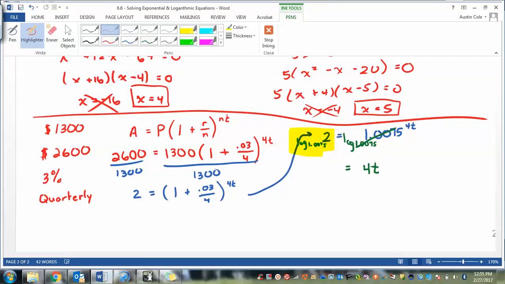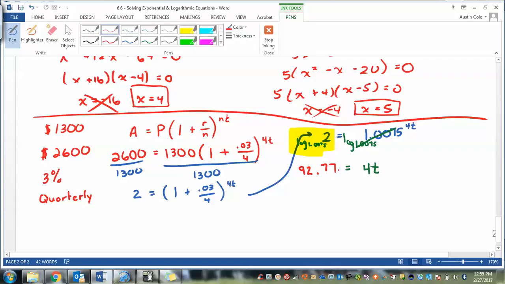So in our calculator, take the log of 2, enter, divided by log 1.0075, and I get 92.77.